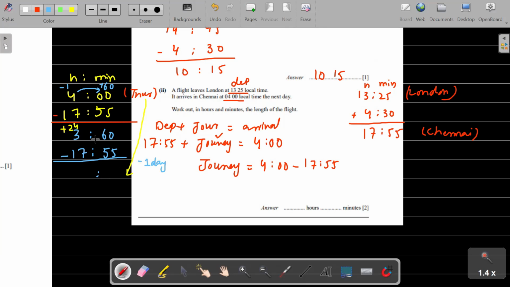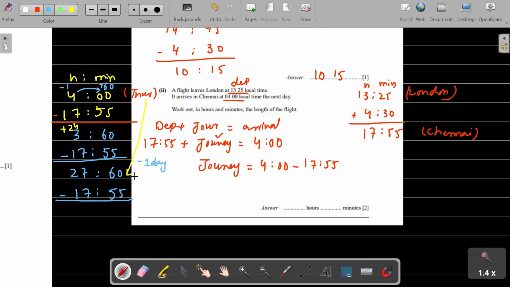I will write my equation, because I told you before that whenever we are going to do any adding or subtraction, we need to rewrite the equation first. So I'm going to rewrite it, and it will be 27, this will be 17 and this will be 55. Subtraction. And here my day is, if it was Thursday, then I will be subtracting 1 day.